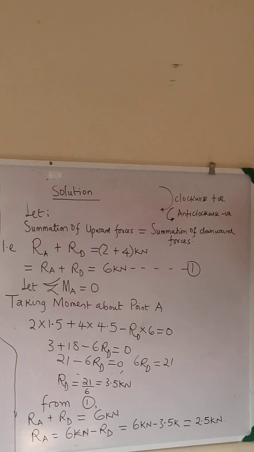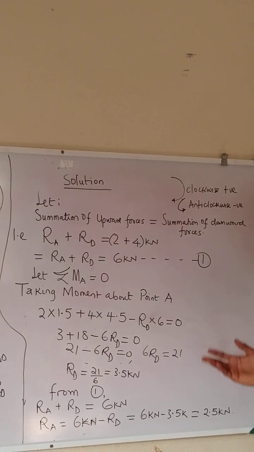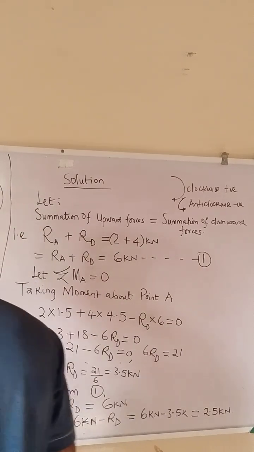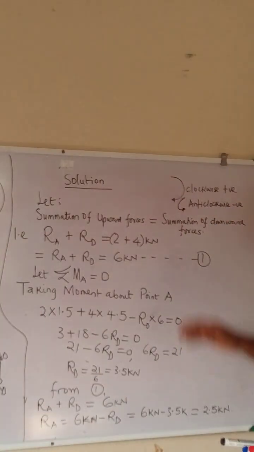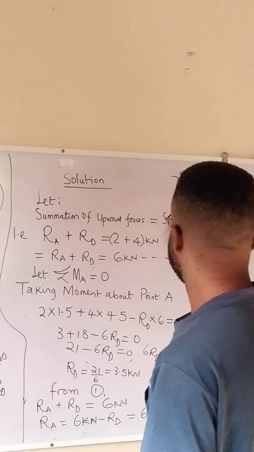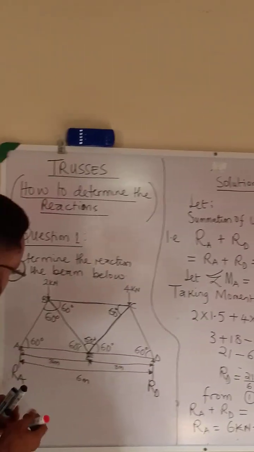Then we also have to determine moment, because determining the moment will help us find the reactions. In order to determine moment, we have to take into consideration this sign convention: all clockwise moments will be positive and all anti-clockwise moments will be negative, as represented here.